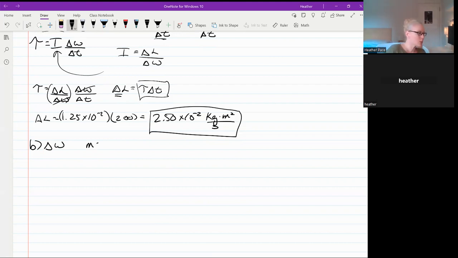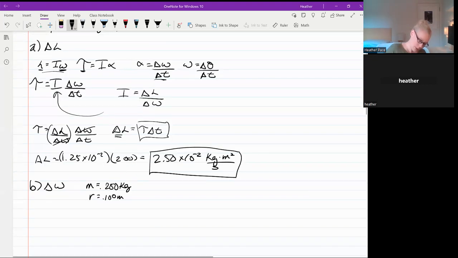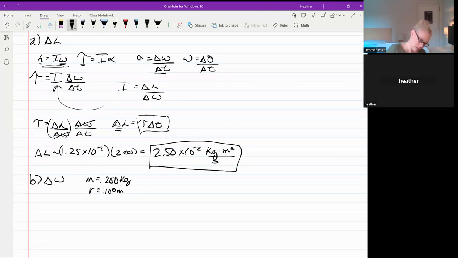If this equals this, whoops. And all right, so looking at the equations that we have again up here, we're looking for this and we're given, and we already know this.